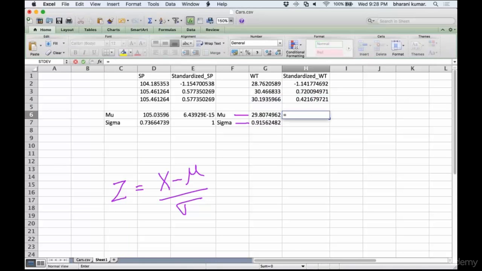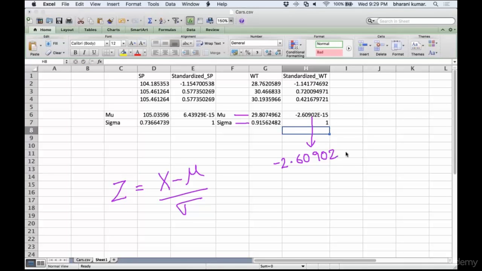Now, the property of standardized data is that the average should be equal to 0 and the standard deviation should be equal to 1, right? Again, if you're confused about this value, this is not 0. If that is what you're assuming, then let me tell you that this can be written as minus 2.60902 multiplied by 10 raised to the power minus 15.